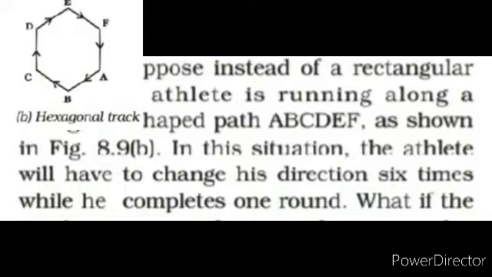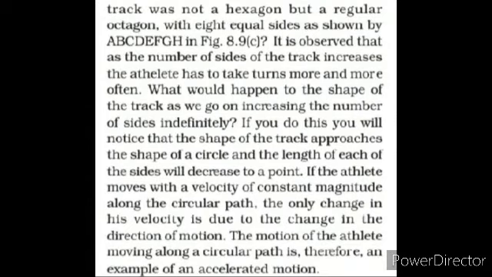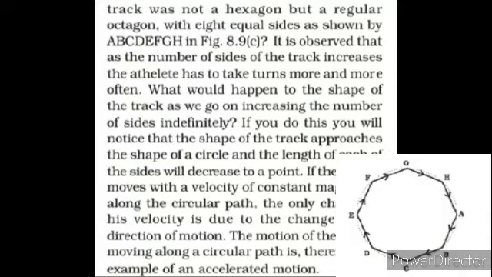Now what if we change this track again? Now let's see how. Now the track is not a hexagon but a regular octagon. Octagon means 8 sides, means 8 changes. Fine. With 8 equal sides as shown in the figure, A, B, C, D, E, F, G, H. That is figure 8.9c, which I have shown you already.